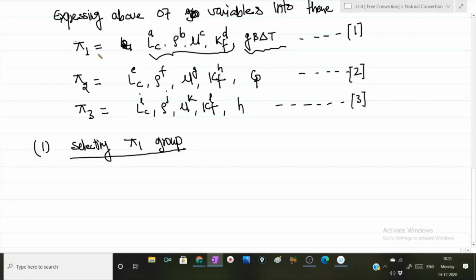So pi is a non-dimensional parameter, so it will be a dimensionless group.